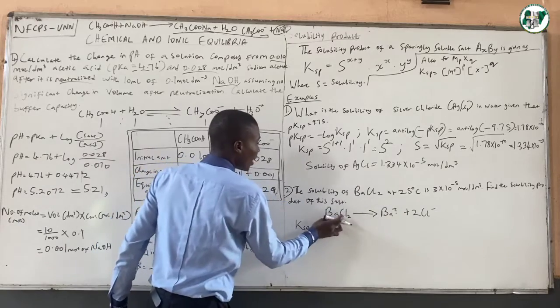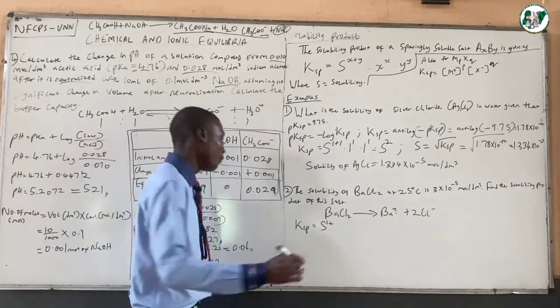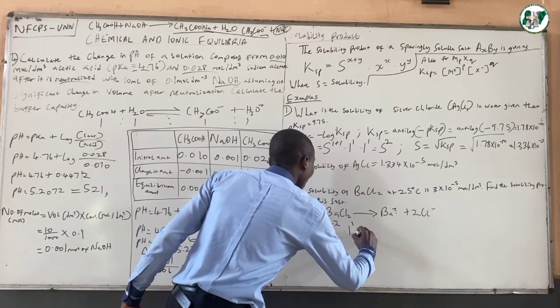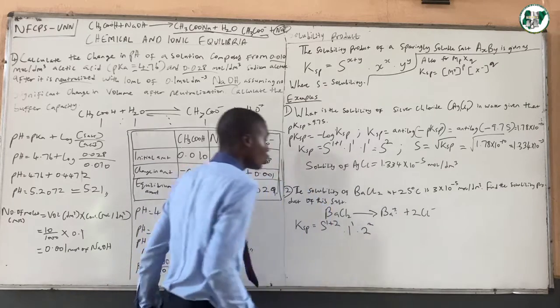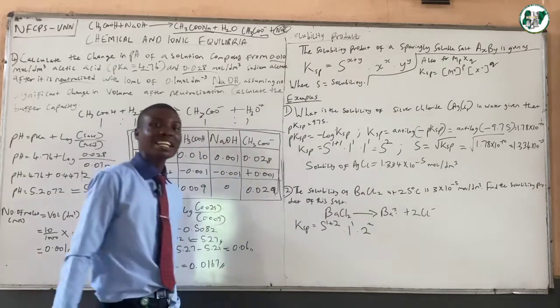Since it's 1 barium we are going to have 1, and our Y, since it's 2 chloride we are going to have 2. Then it's now S raised to the power of 1, S raised to the power of 2. Why 2? Because we have 2 chloride. Why 1? Because we have 1 barium.